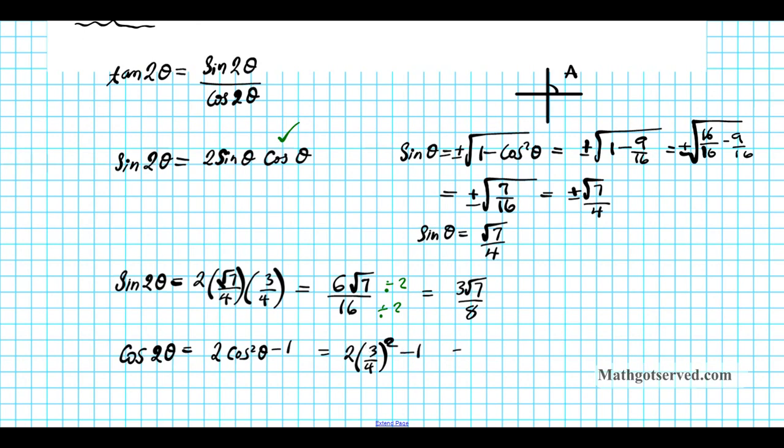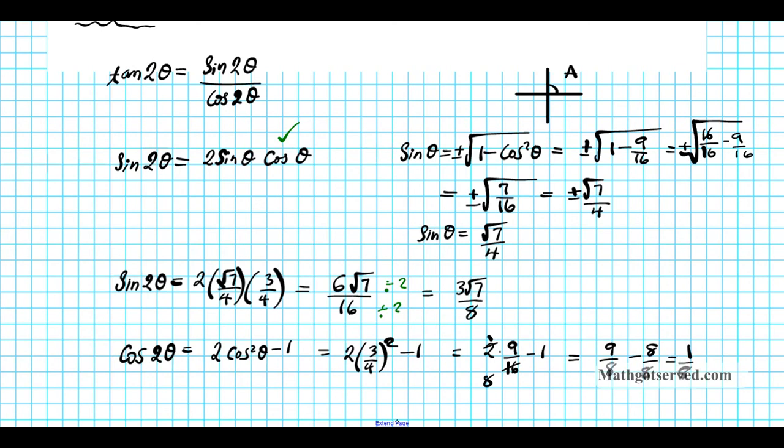Okay, so we have 2 times 9 over 16 minus 1. Simplify this. 2 goes into 16 eight times. So we're going to have 9 over 8 minus 8 over 8, which equals positive 1 over 8.